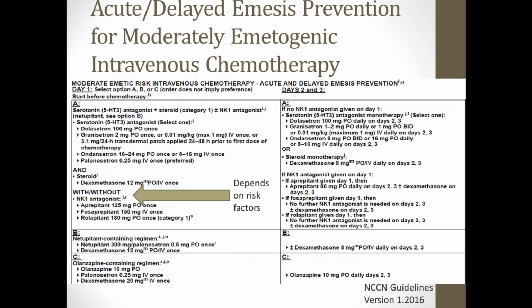This is a table of how you would prevent nausea and vomiting for a moderately emetogenic IV chemotherapy regimen. As in the highly emetogenic regimen, you would use a serotonin antagonist and a corticosteroid. In this moderately emetogenic category, you have the option of either using or not using a neurokinin-1 antagonist such as Emend, and this largely depends on your patient's risk factors.